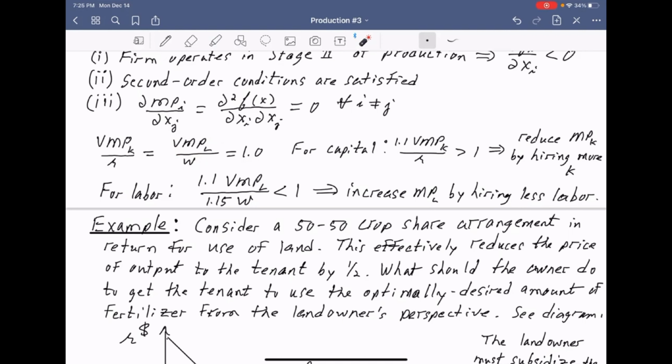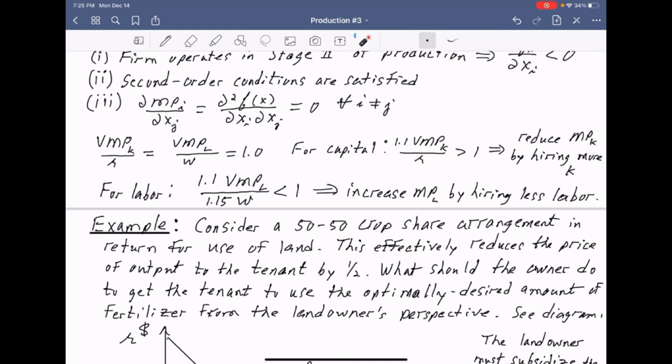Now, what happens with our conditions? Well, for capital, we find that the price has gone up by 10%. Which means we multiply the value of the marginal product of K by 1.1, but the input price is not changed, and of course the company is unable to change that R. That's an assumption of perfect competition, that you cannot change the input price for any of the inputs.